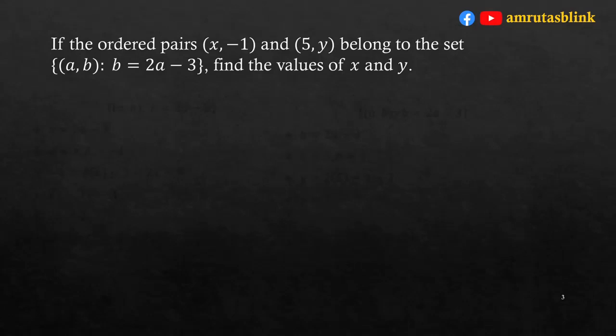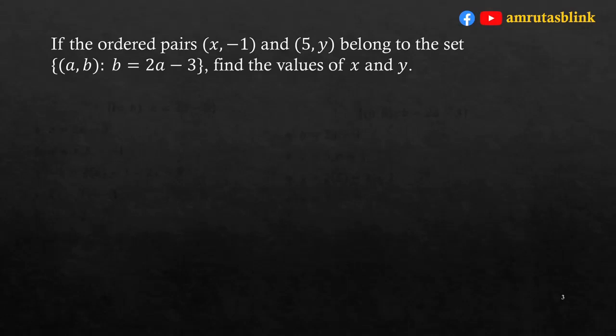If the ordered pairs (x, -1) and (5, y) belong to the set {(a, b) : b = 2a - 3}, find the values of x and y. Now here it is given that b is equal to 2a minus 3.